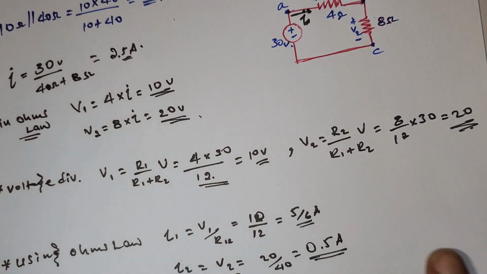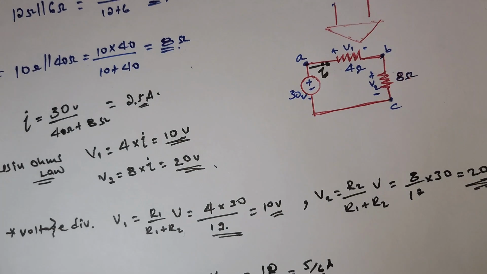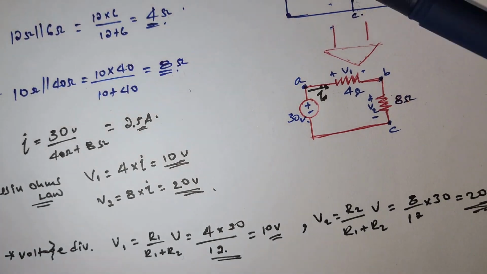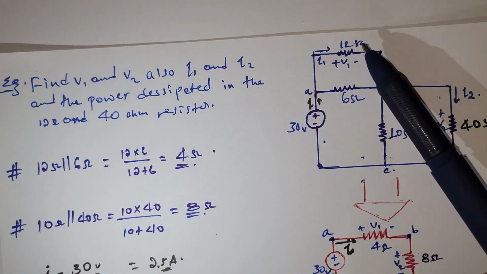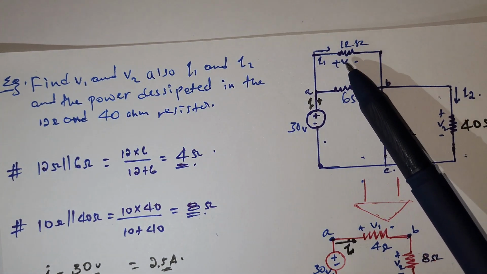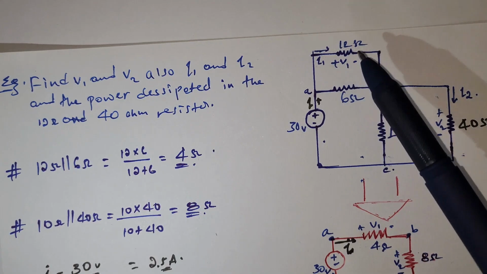Okay, to calculate I, once we calculate V1, we can calculate I by using Ohm's law. Simply by using Ohm's law, we have 12 ohm. So V1 is also calculated.